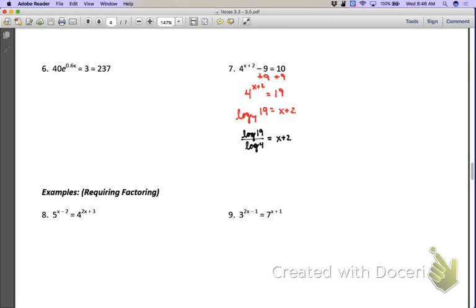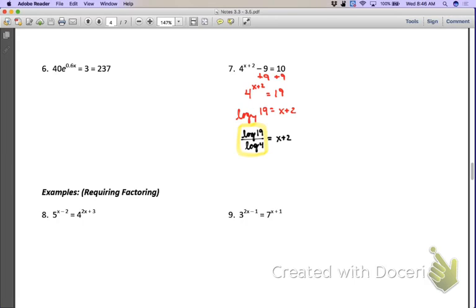I'm going to get my value of whatever log of 19 divided by log of 4 is first, so it's about 2.1239 whatever, and then I'm going to subtract the 2.